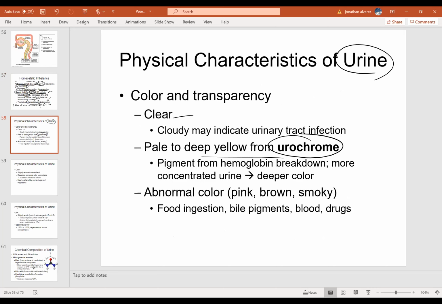Okay, once you start to get into abnormal colors like a pink or dark pink, like a dark red or any kind of a reddish color, brown, smoky, or cloudy. Okay, these should be of concern. Also, foul smelling.